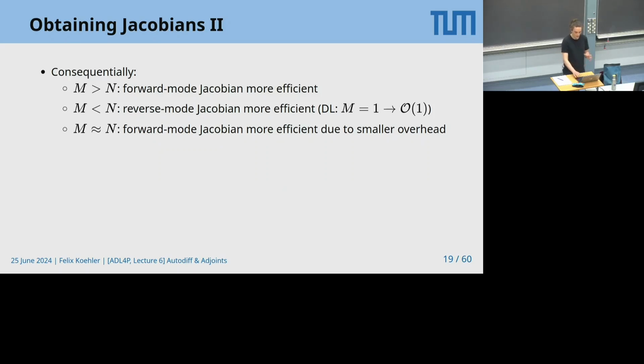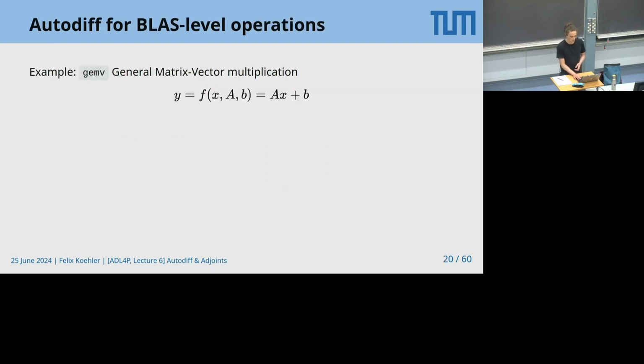And this is essentially probably what you are using day to day, automatic differentiation on the level of BLAS operations. BLAS is this collection of linear algebra operations, so matrix multiplication, vector multiplication, dot products, you name it, and they are at the very core of all machine learning or scientific computing frameworks.